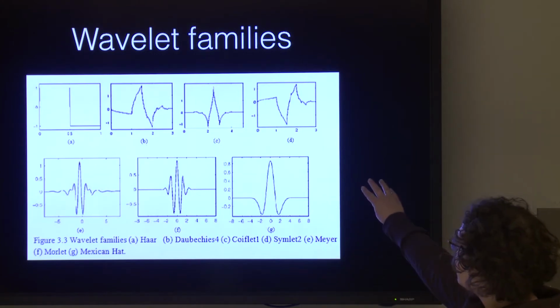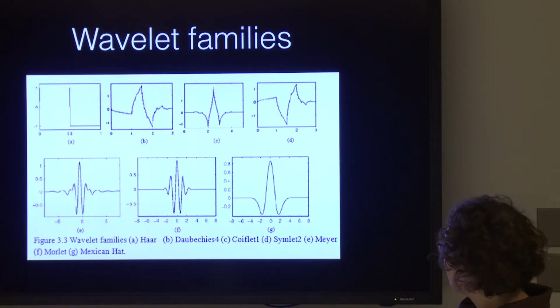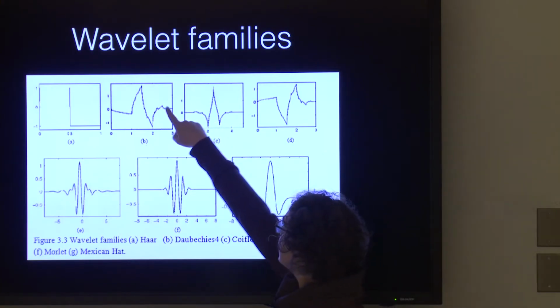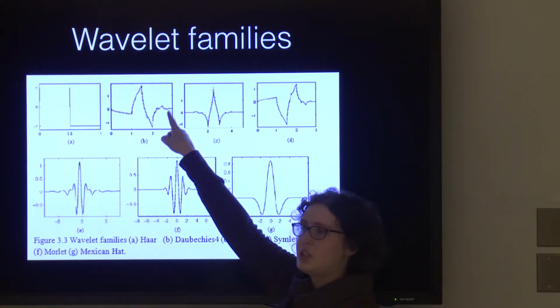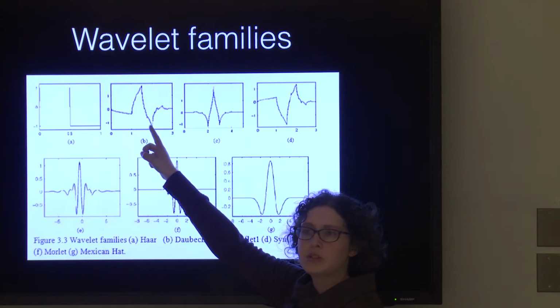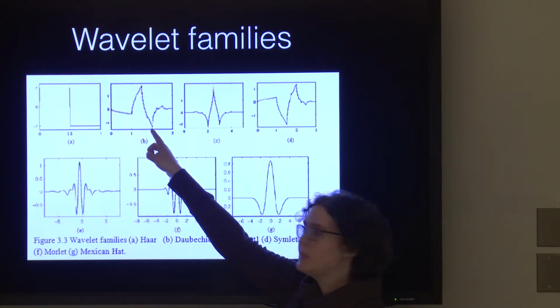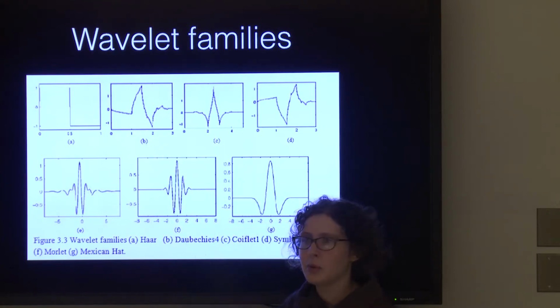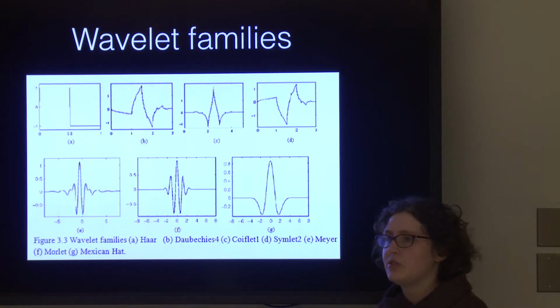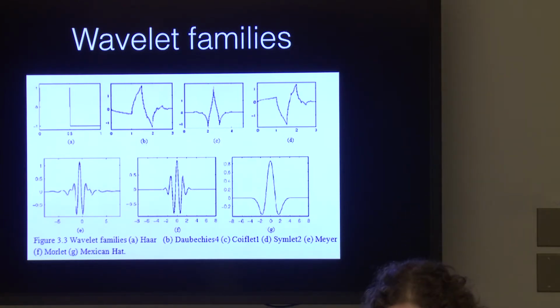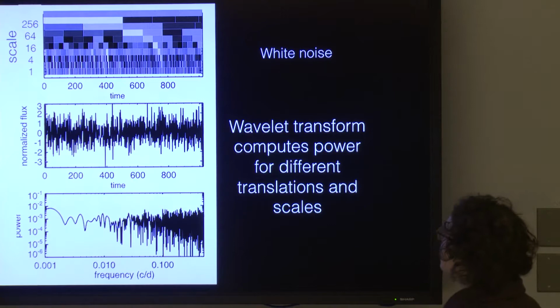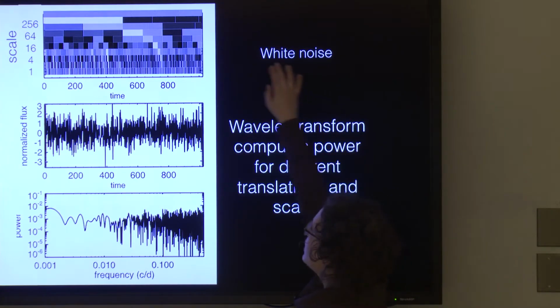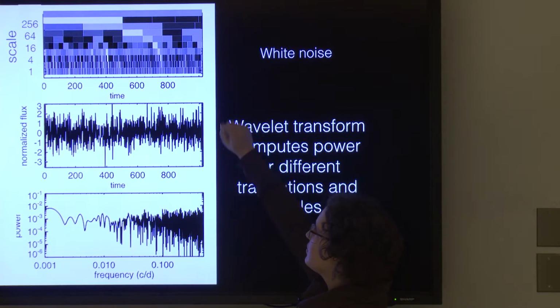There are different families of wavelets that you can use. This one, which I think is pronounced Daubechies wavelet, is what we often use for transit data sets because it's just really flexible and it can match all the sorts of variations that we might see. And here's a wavelet transform using white noise.